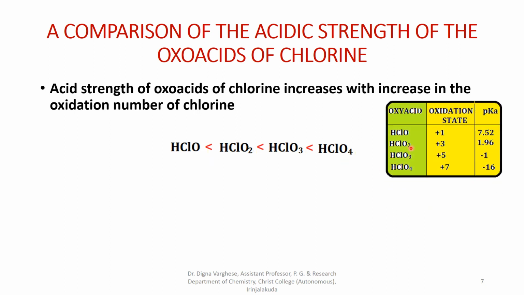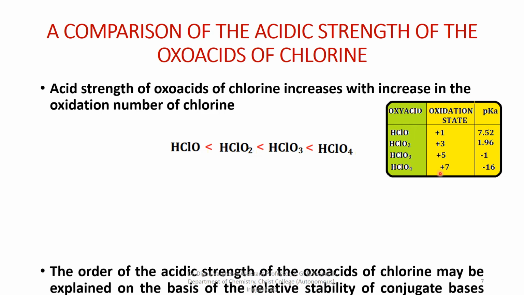The oxidation state of chlorine in different oxyacids is shown in the table: HClO has +1 oxidation state, in HClO2 chlorine has +3, in chloric acid it has +5, and in perchloric acid it has +7.